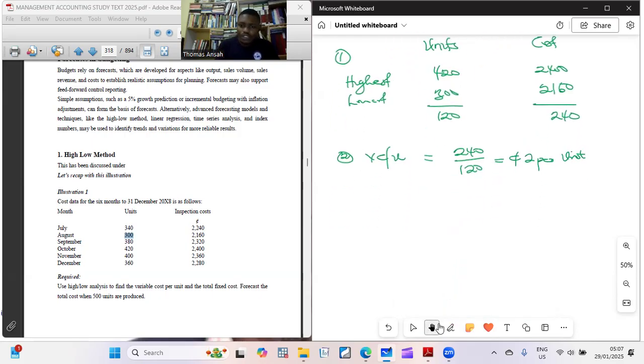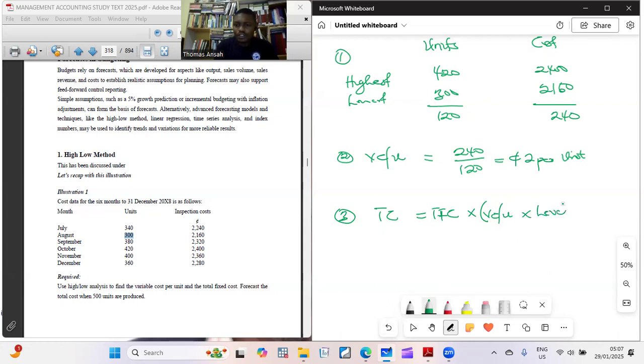Now, the next thing for me to do is the fixed cost part. We learned that total cost is equal to total fixed cost plus variable cost per unit multiplied by level of activity. The level of activity, we can pick any of them.